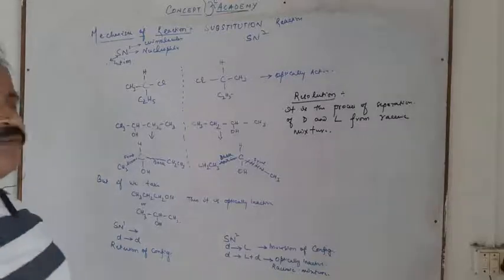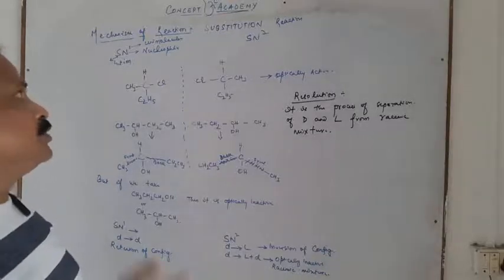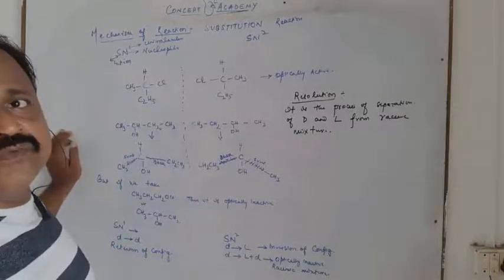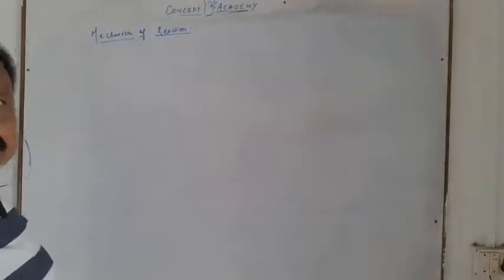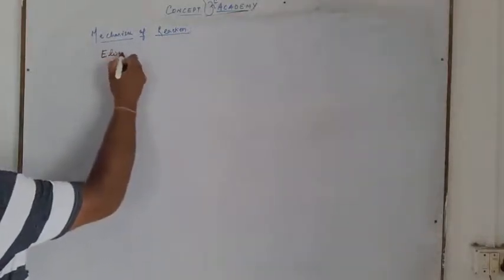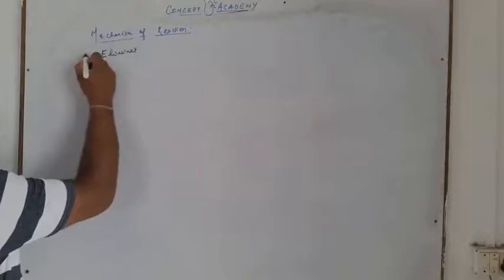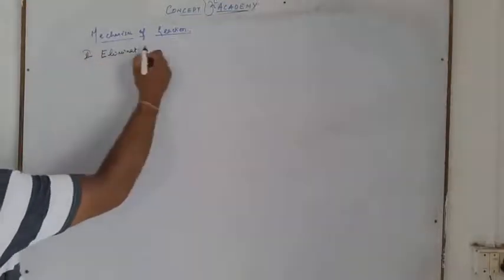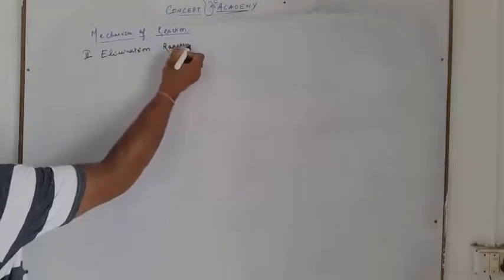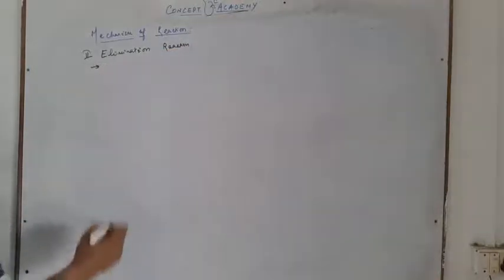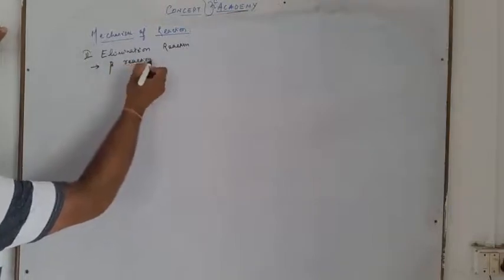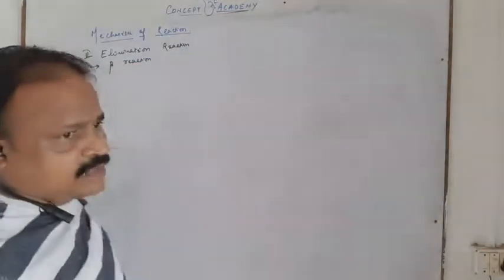Okay. Then we'll move to elimination. Substitution part is over. Now we'll move to the elimination part. Now elimination reaction, the second one. It is otherwise also known as beta elimination reaction. Just now I told you what is alpha and what is beta.